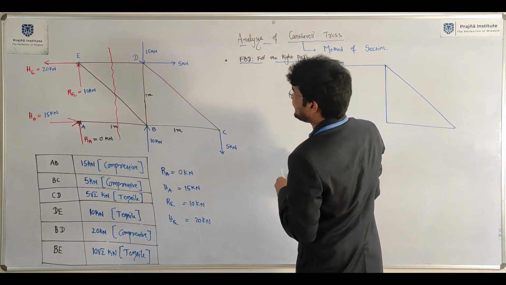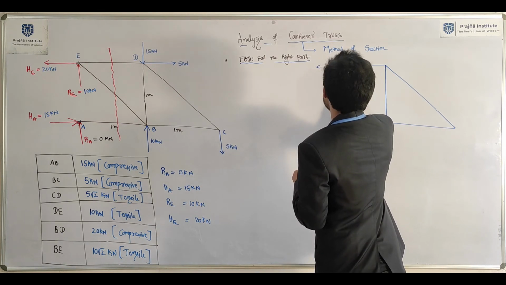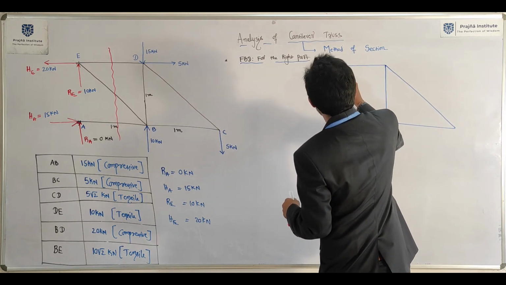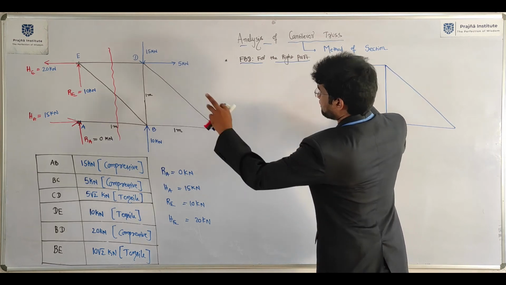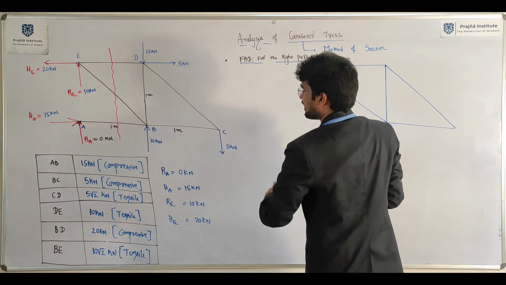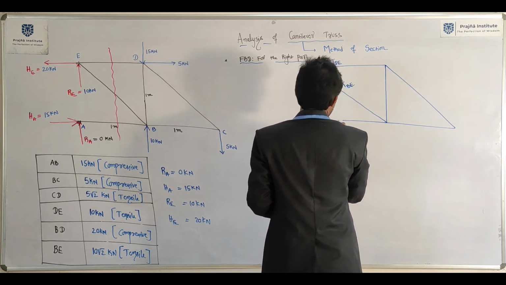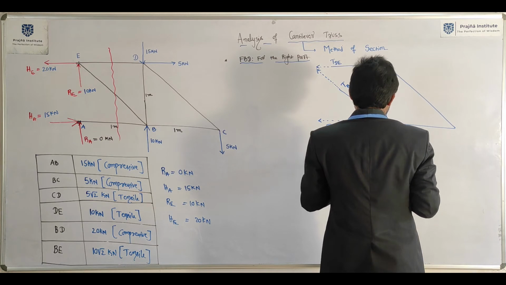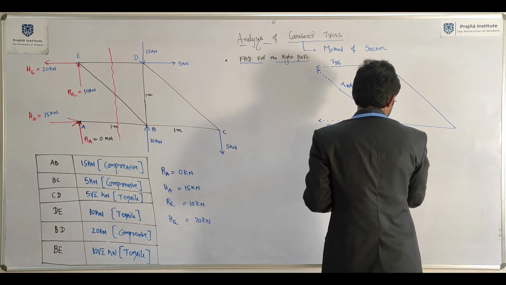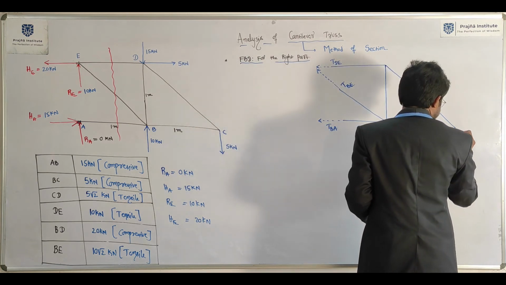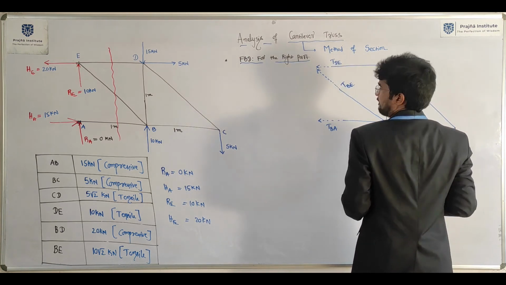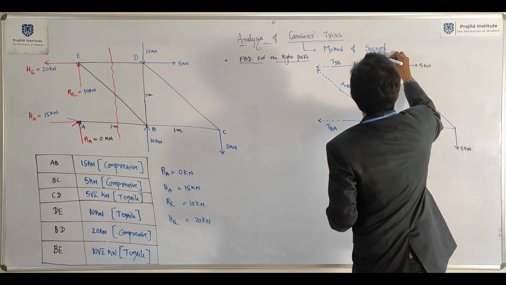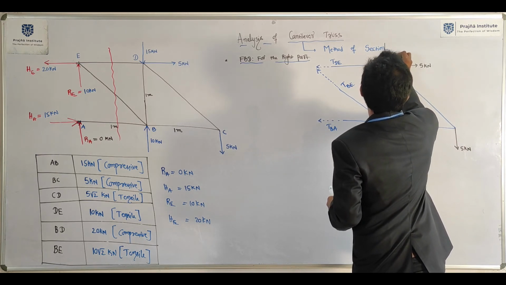Here, it is of course TDE, then it is TBA. 10 kilonewton is acting upward, 5 kilonewton is acting downward, then 5 kilonewton and then 15 kilonewton.